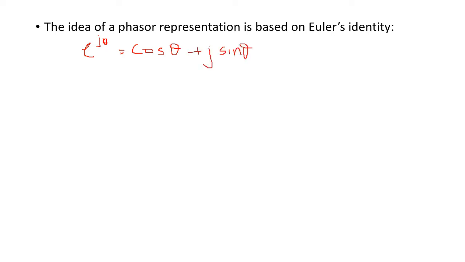Now from this equation we can take the real part and the imaginary part. The real part of e to the power j theta, instead of z, here we have to write e to the power j theta, will be equal to cos theta.